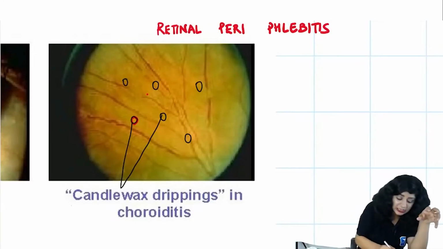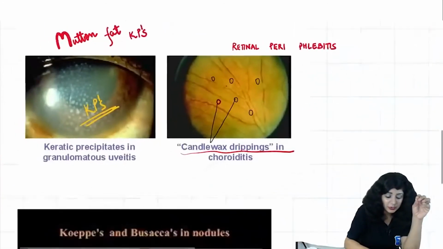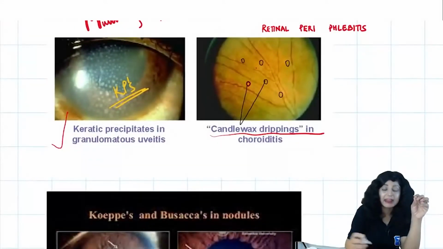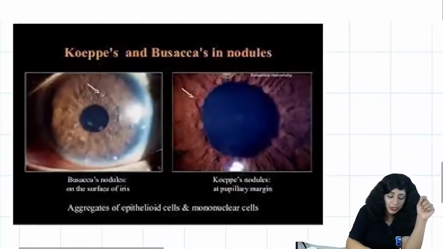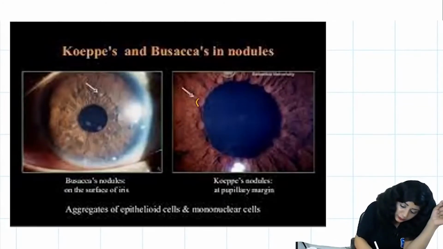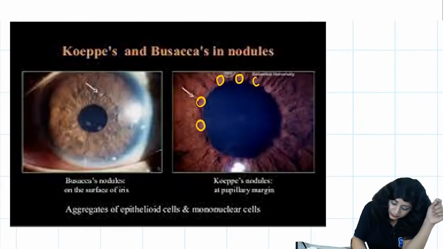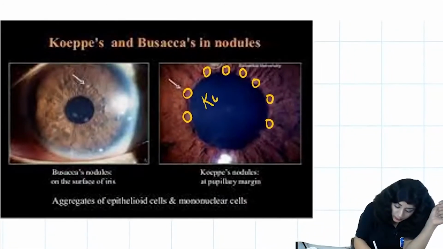So this is actually called the candle wax droppings in the cavity. This is again very typical of sarcoidosis. Then you are getting these keratic precipitates. And if I talk in terms of the iris nodules, you can get two kinds of nodules. One is your Koeppe nodules, these ones. These are present just at the pupillary border. So when they are present just at the pupillary border, these are your Koeppe nodules.